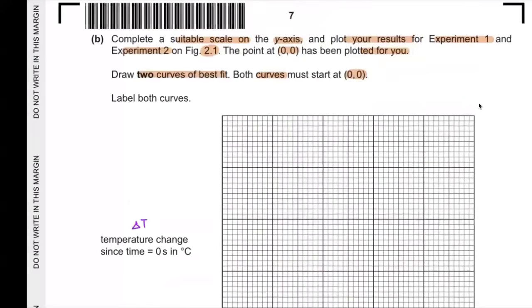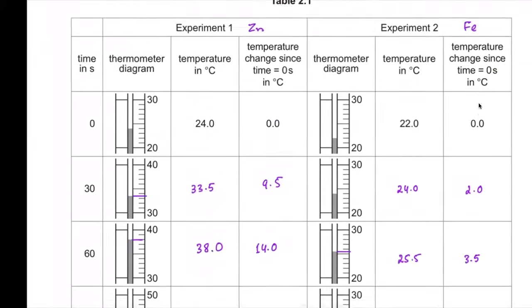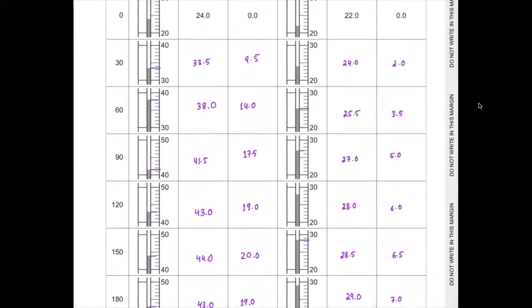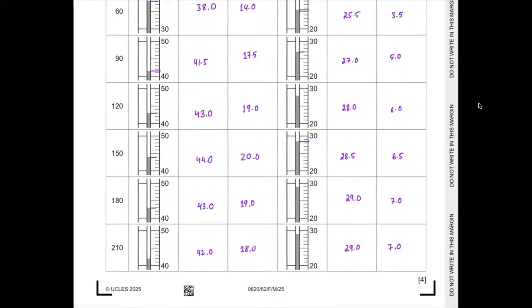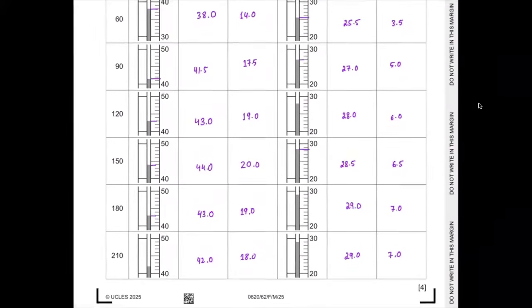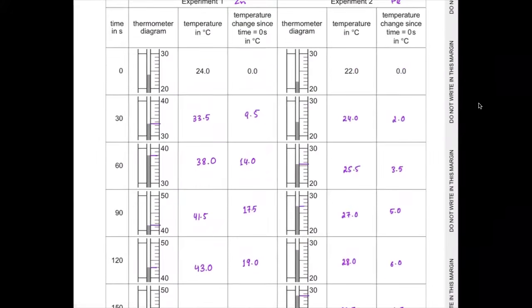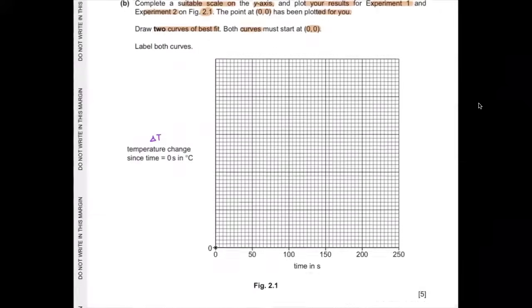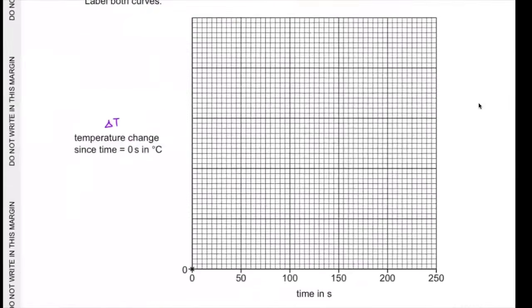It means on the y-axis we are going to use the second column, and if you see in the second column, the maximum increase in temperature is 20. That is for zinc, and for iron the maximum temperature increase is 7. So we are just taking the increase in temperature.